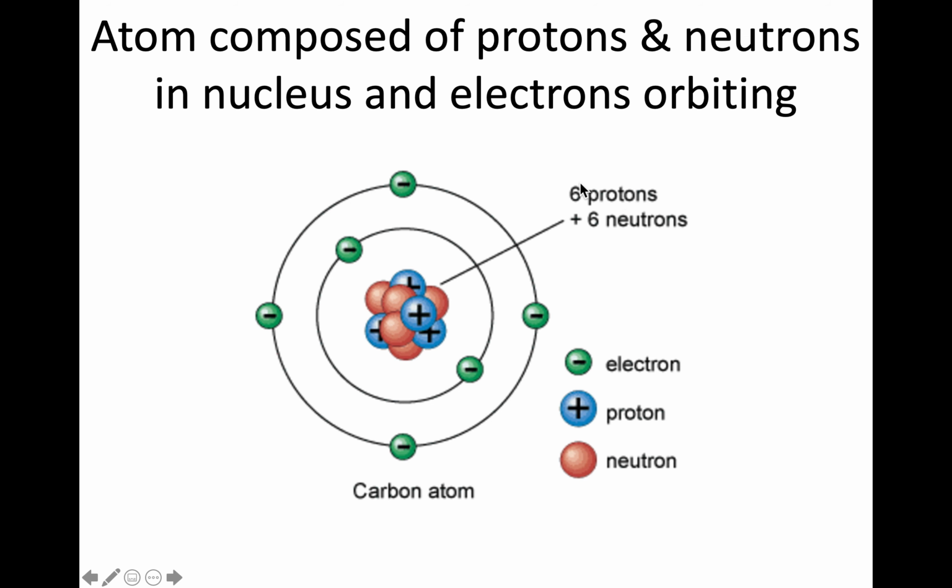That's the atomic number. And then it's orbited by the various electrons. Here, this is known as a Bohr model of an atom, and you see them at very discrete radii from the nucleus. That's something that we will discuss.